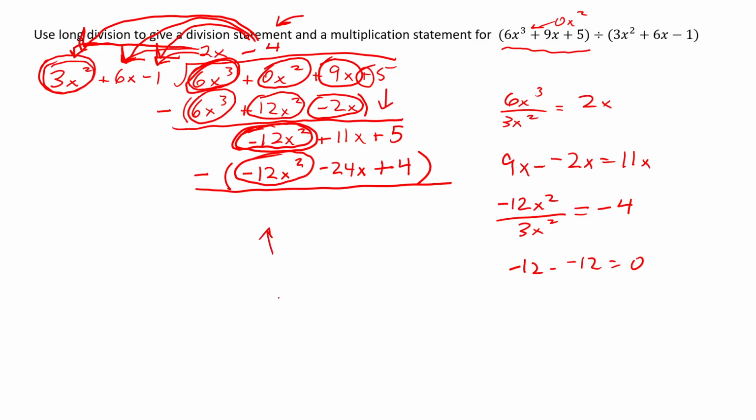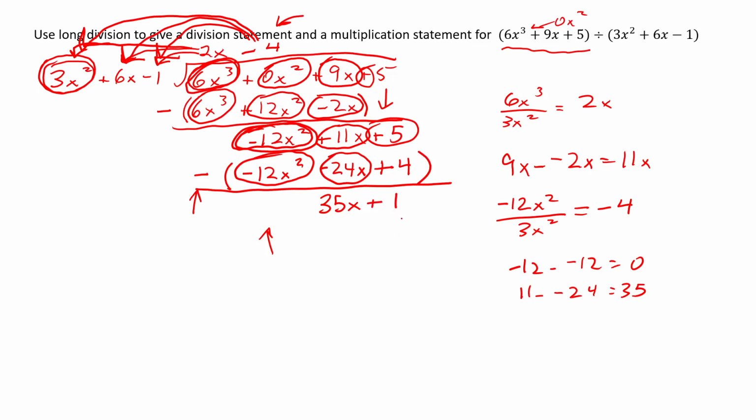Then I say, what's 11x minus, remember that minus sign's in front of the bracket, negative 24x? 11 minus negative 24 is positive 35, so I've got 35x under that column. And then finally, what's 5 minus a positive 4? The answer is 1.